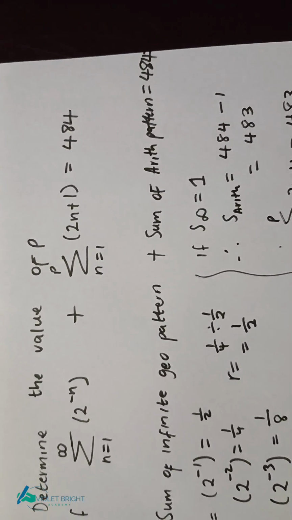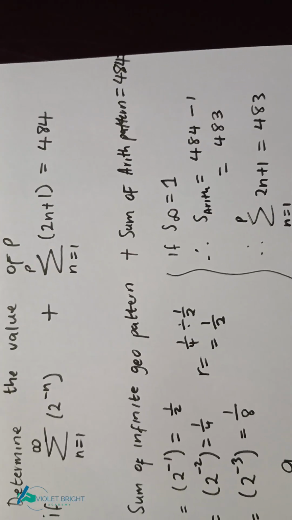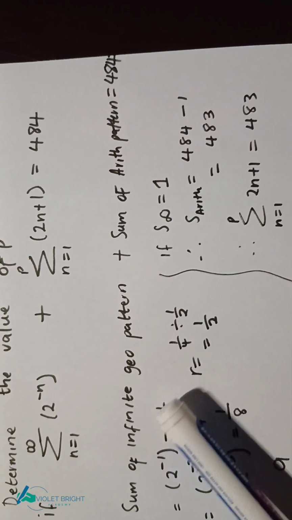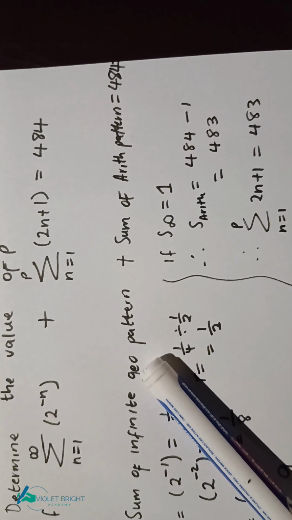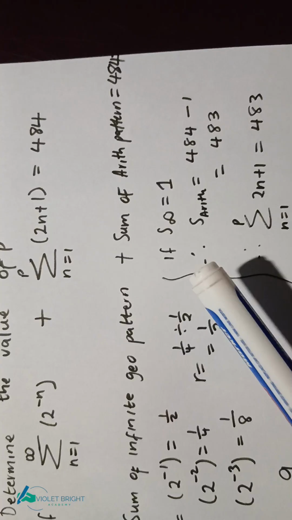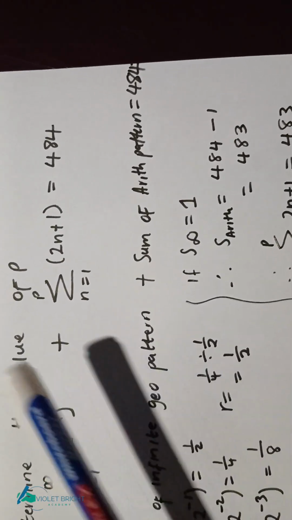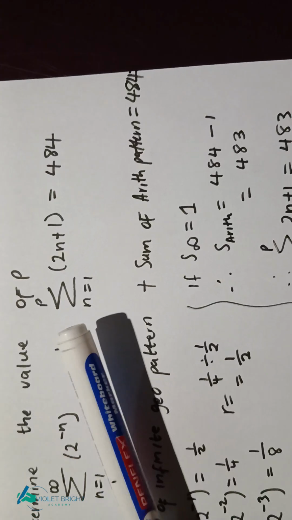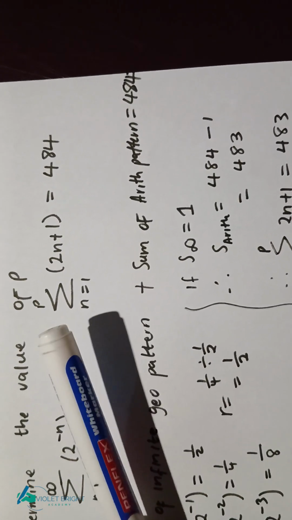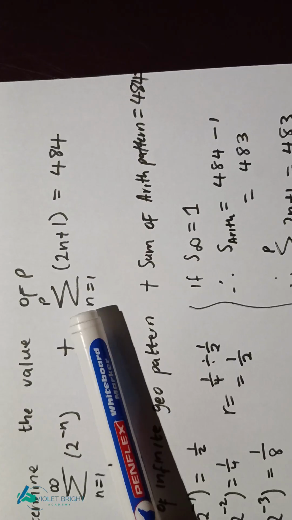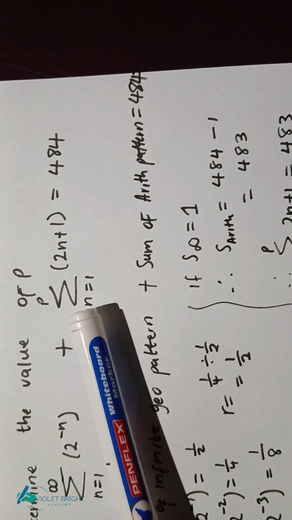So now remember, basically here we are given the sum of an infinite geometric pattern added to the sum of an arithmetic pattern, where we are given that n is equal to 1, which means to find the first term of the sequence, we have to substitute with 1.